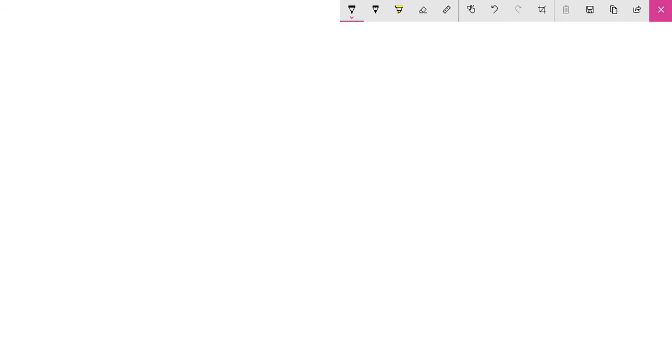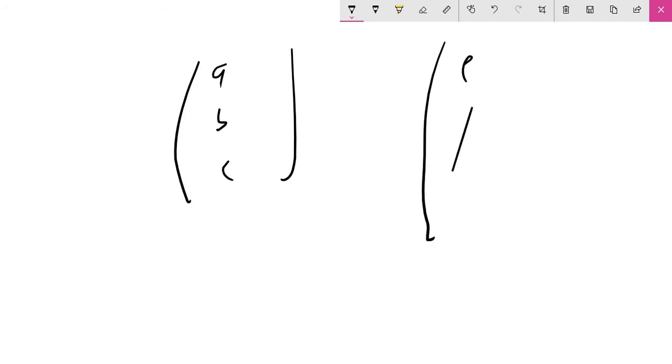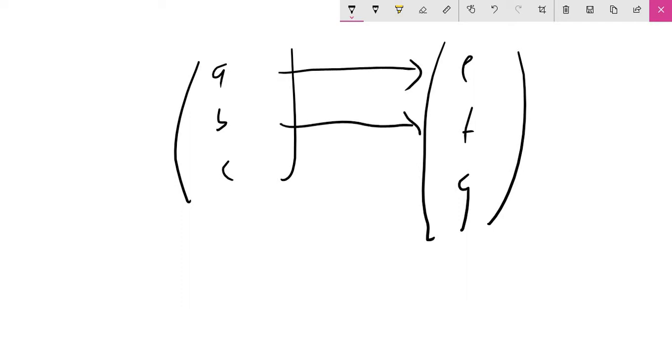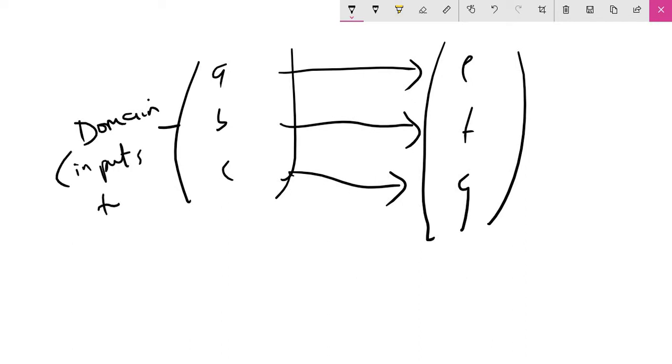So let's say we have A, B, C maps to E, F, G, for instance. It's a simple mapping, really. This is called the domain. Remember, think of domain as input to the function, and this will be the codomain.